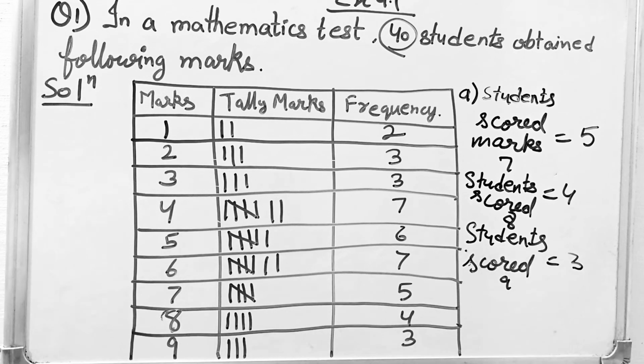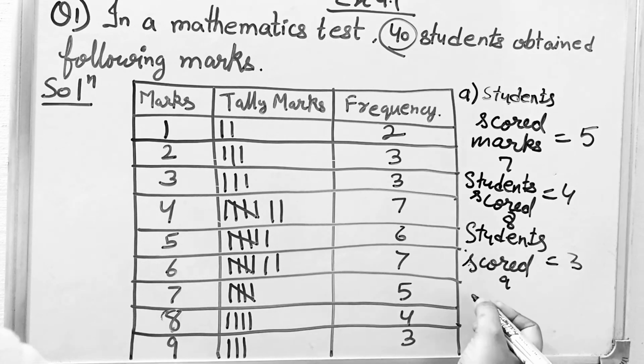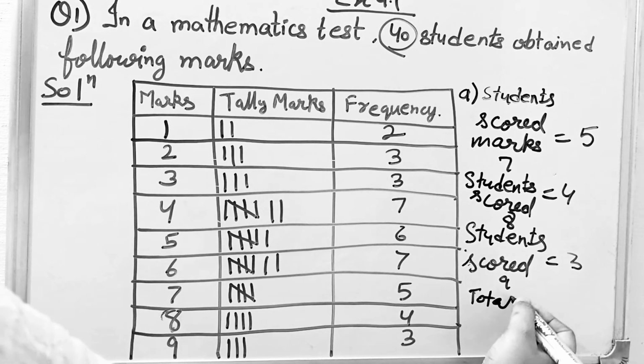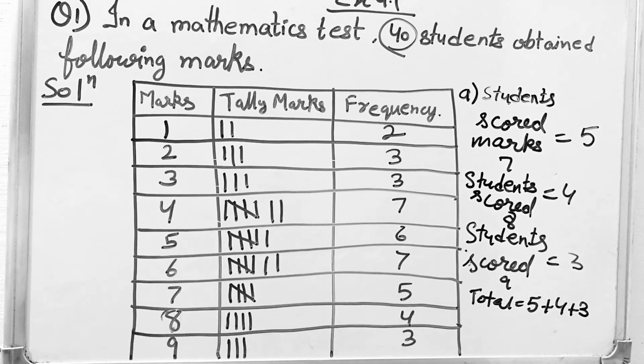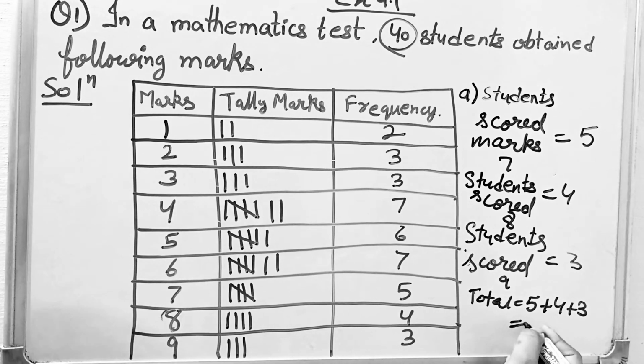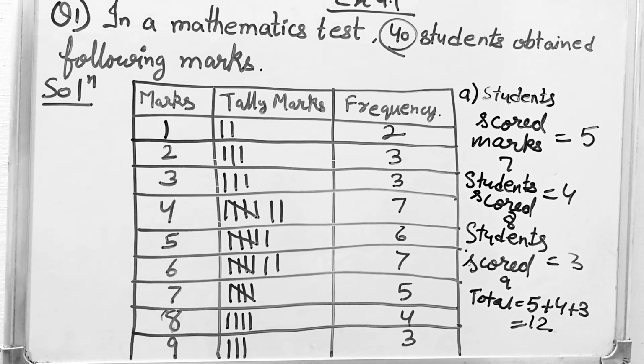So this is 3. Now they are asking for the total number of students. So in total there are 5 plus 4 plus 3. Now if we add them up, we get our answer as 12.